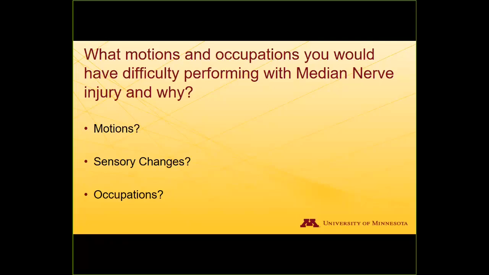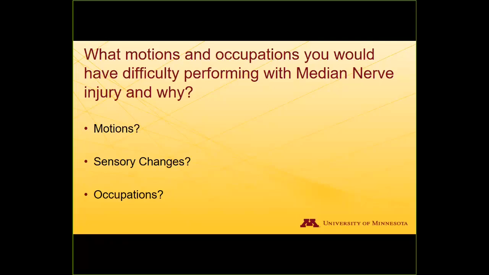Right? Okay, and then of course you'd have all the sensory changes of the median nerve. And what occupations would be hard as a result of a median nerve injury? Like gripping a glass or picking anything up with your hands. Gripping anything. Yeah, it's kind of our prehensile nerve. It's the one that really helps us form prehension when you think about it.